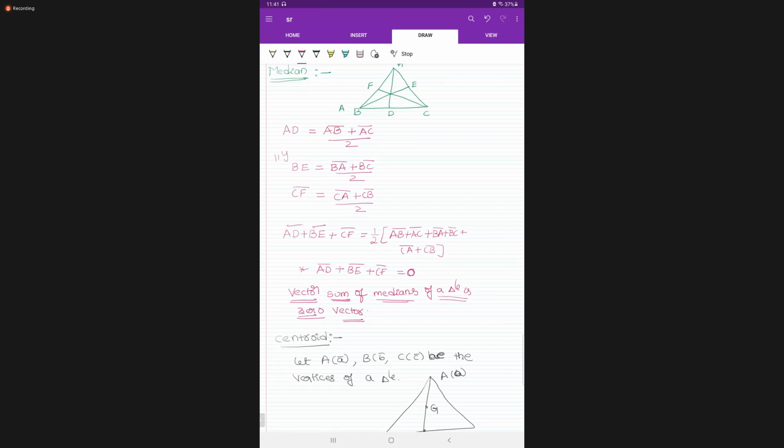Page number 140, Volume number 2. Take the material, everyone. At least do level 1 problems, students.